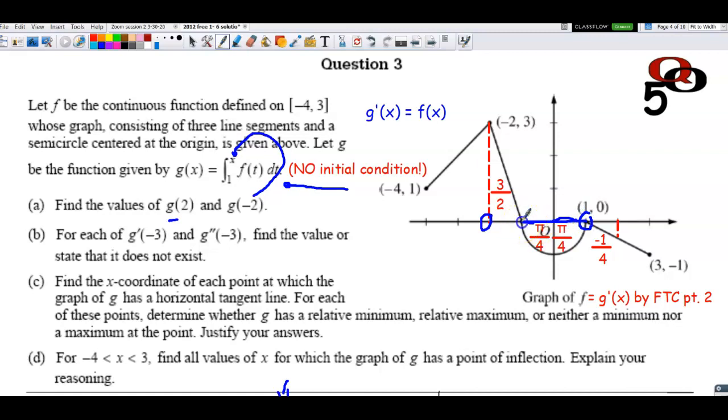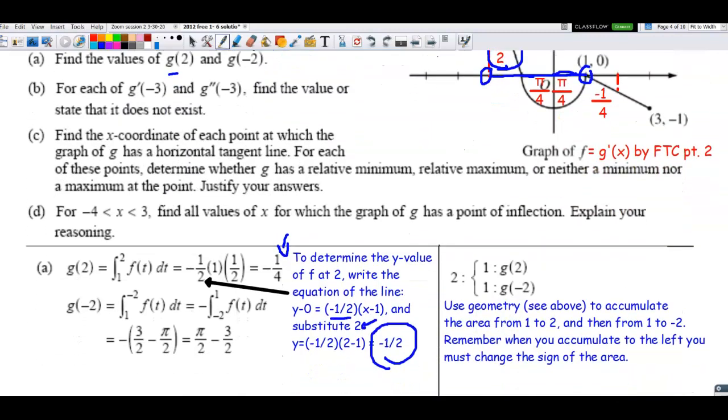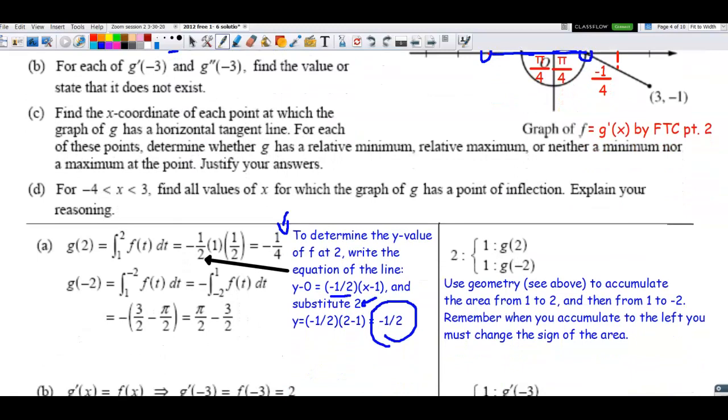And then I'm going to subtract the area of the triangle, which is normally positive 3/2, but I'm going to subtract 3/2 because I'm moving in the opposite direction. So that is pi over 2 minus 3/2. So 1 point for getting g of 2, 1 point for g of -2.